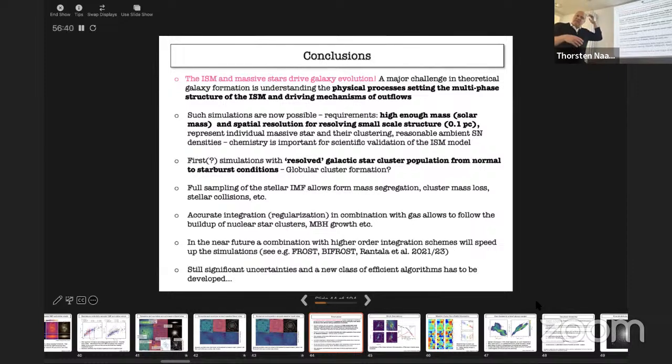So the pathways are, you can collide stars, you can form massive stars, which can then directly collapse into a black hole. You can form stellar mass black holes, which can collide with another star, accrete material, grow, and then collide with another black hole, make a gravitational wave event.